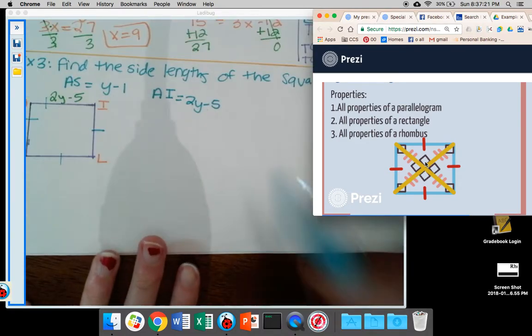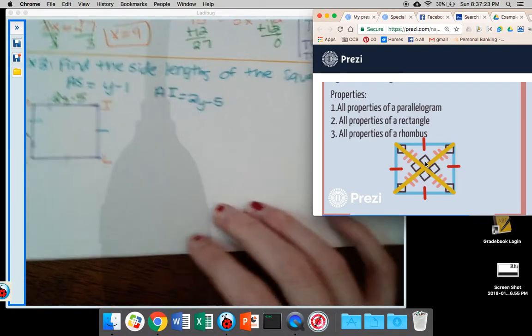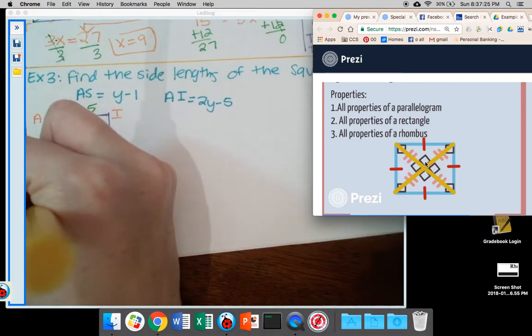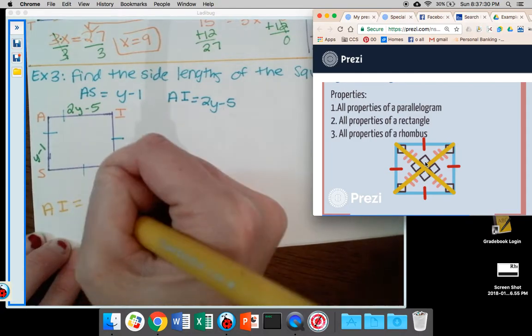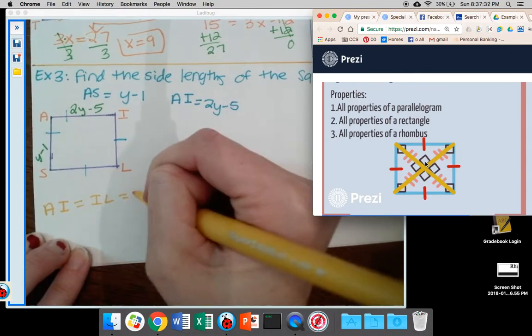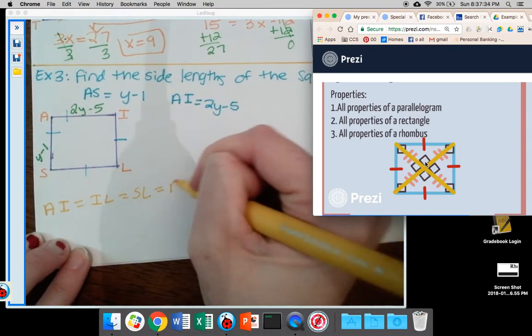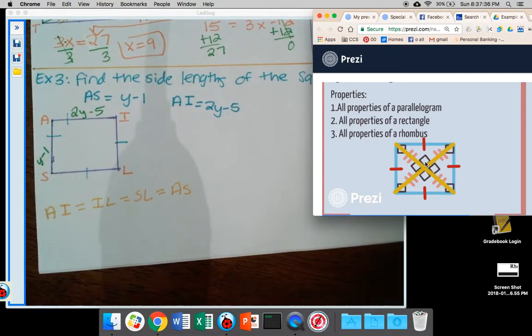So if we're trying to find the side lengths, all of them should be the same. So I know that the length of AI equals the length of IL, which equals the length of SL, which equals the length of AS. So if I find one of them, I technically know what all of them are, which is pretty cool.